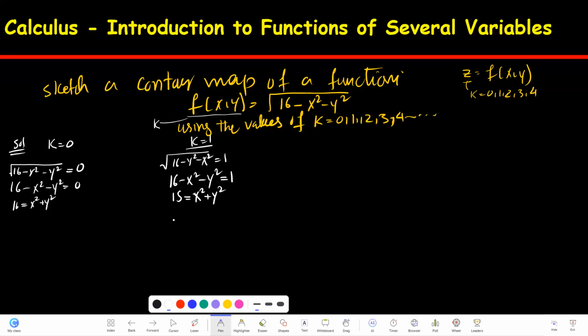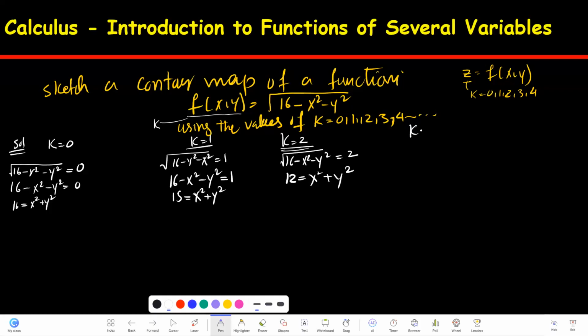Okay. Go to k equals 2. It's going to be 16 minus x squared minus y squared equals 2. And if you rephrase, it's going to be 14 equals x squared plus y squared.